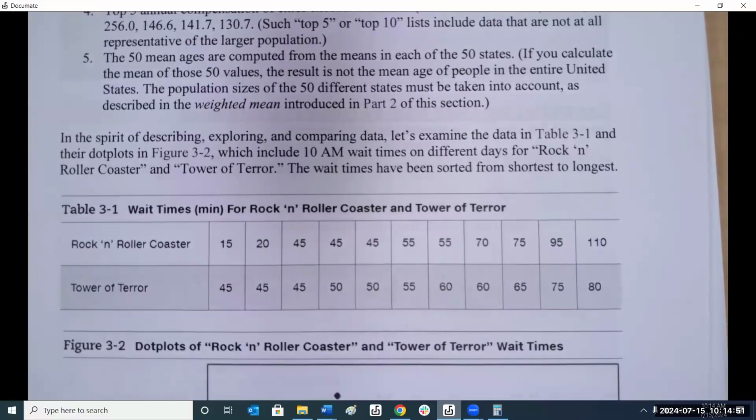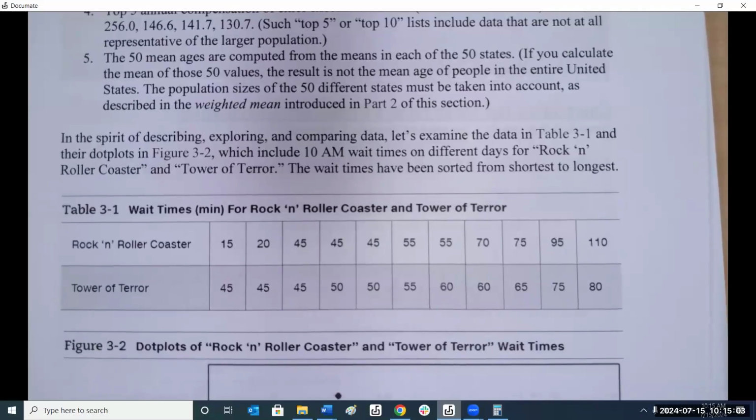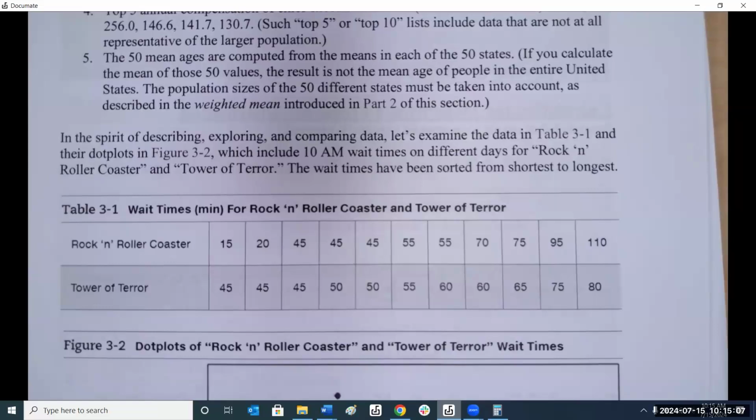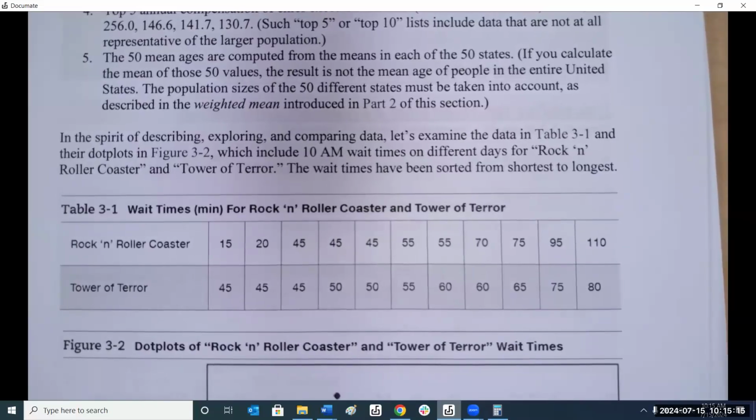Because if you pick the Rock 'n' Roller Coaster, you're looking at both the high end and the low end. What that's saying is when you go in line, you could be lucky. One of 3 things can happen. You could be in the 15 minutes, you could be in the 55 minutes in the middle of the pack, or you could be in the 115 minutes.